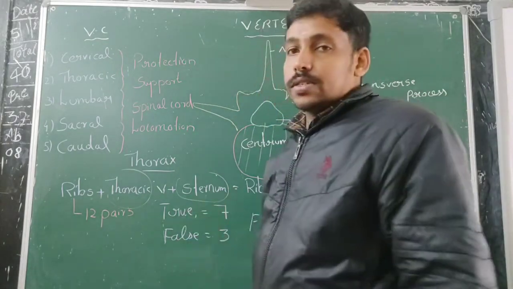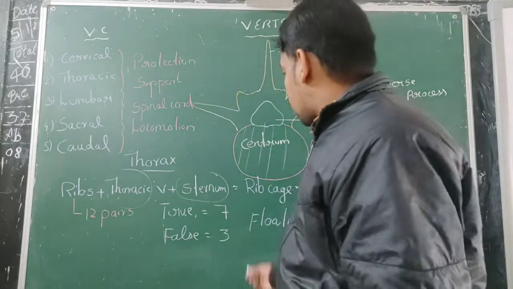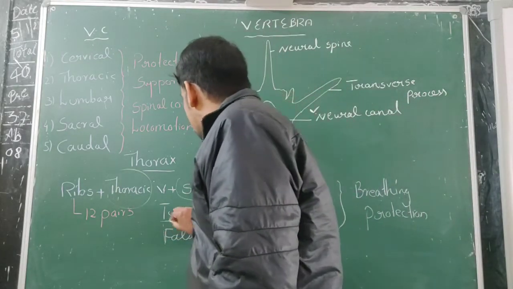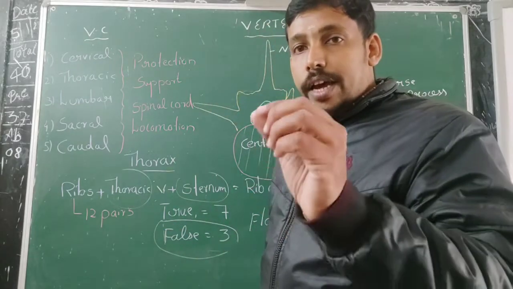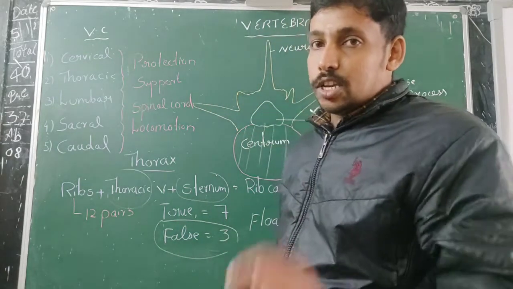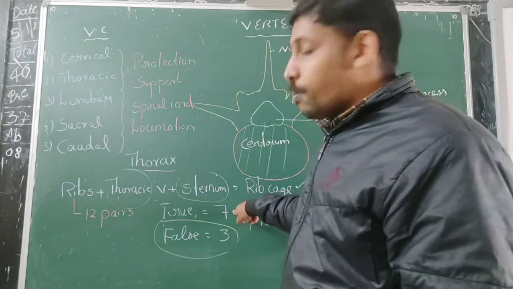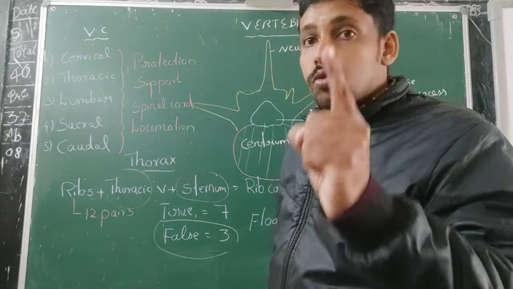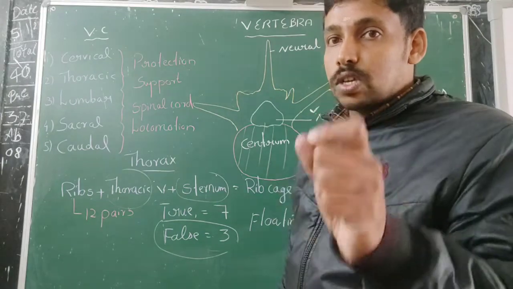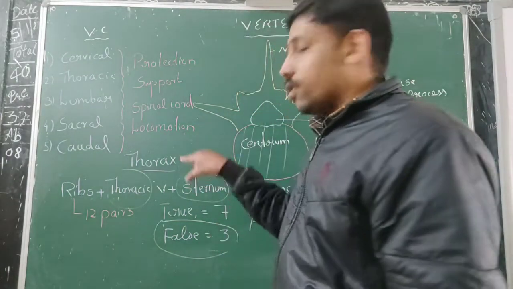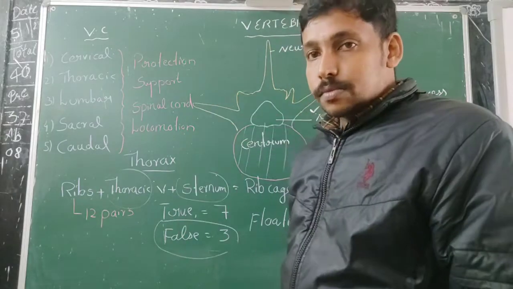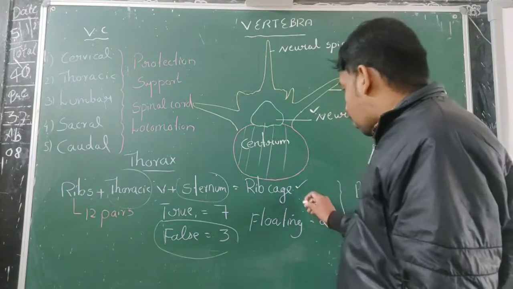There are 7 pairs of true ribs. The next 3 pairs are known as the false ribs. They are not joining directly to the sternum, but they join to the 7th pair of true ribs. Then lastly come the floating ribs.